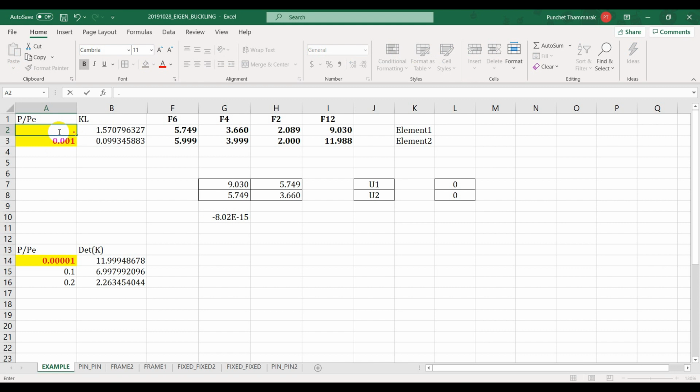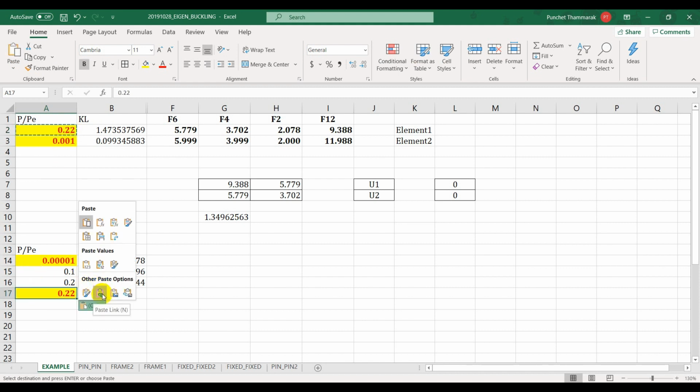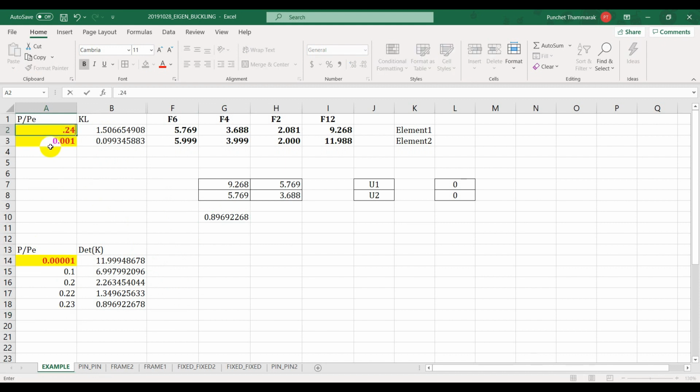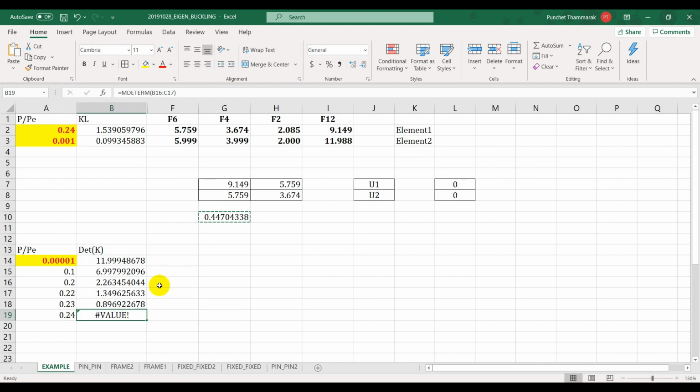Make it 0.22. Then 0.23. It's not 0 yet. 0.24. 0.245.